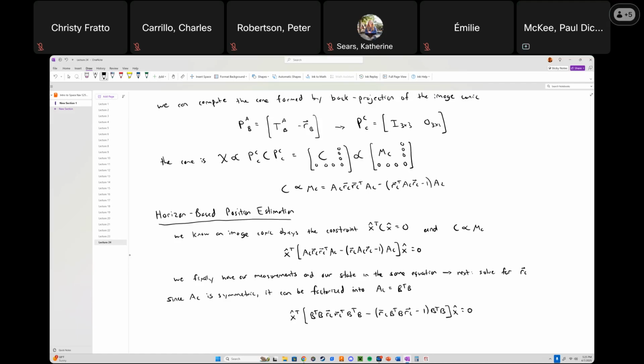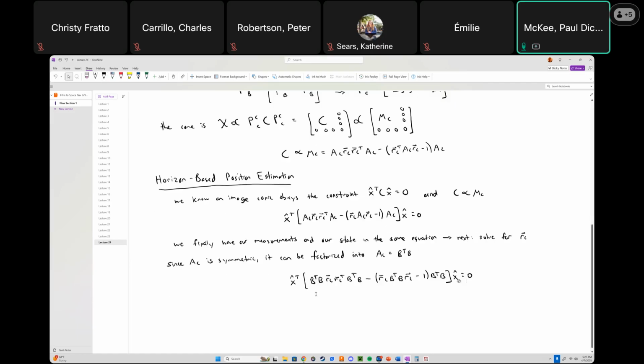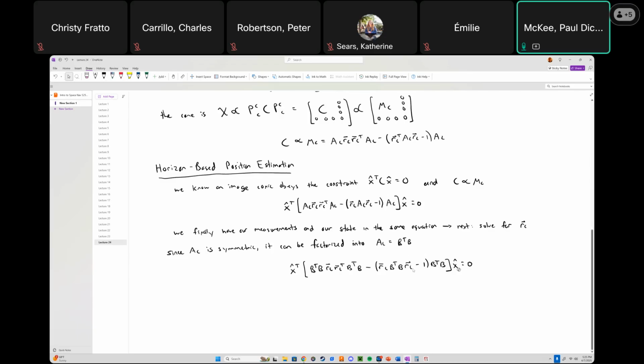All right. So what we can do, we can say we appear to have a B transpose and a B sandwiching everything that's going on in here, especially if we break things up. So first of all, here we have BRC. Here we have BRC transpose. And then here is a, oh, apologies.